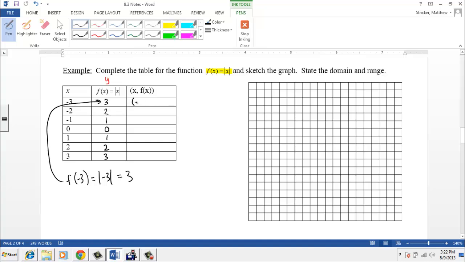We get the point -3 for x and 3 for y. -2, 2. -1, 1. 0, 0. 1, 1. 2, 2. And 3, 3.